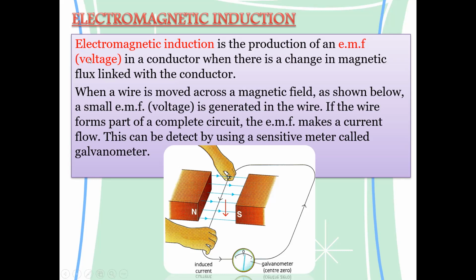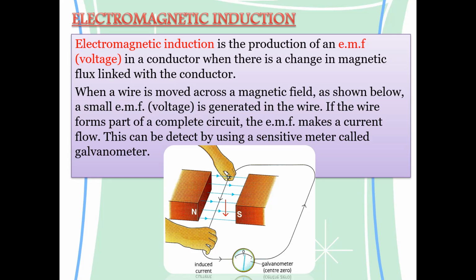So movement of the wire in a magnetic field can produce current in the circuit. That is how we generate electricity. The electricity which we are using in our home is produced on the same concept: we have coils, like circular wires or rectangular wires.